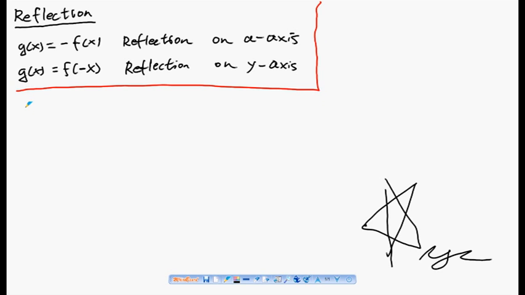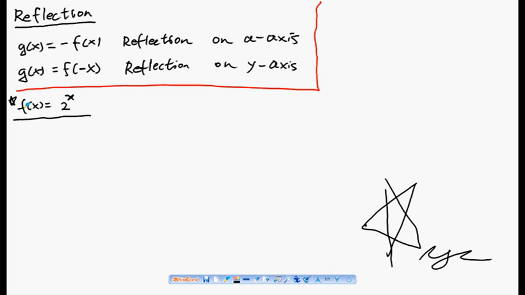So, for instance, if f(x) equals, let's say, 2 power of x. You haven't learned how to draw this kind of graph, but I just use this as an example on transformation.